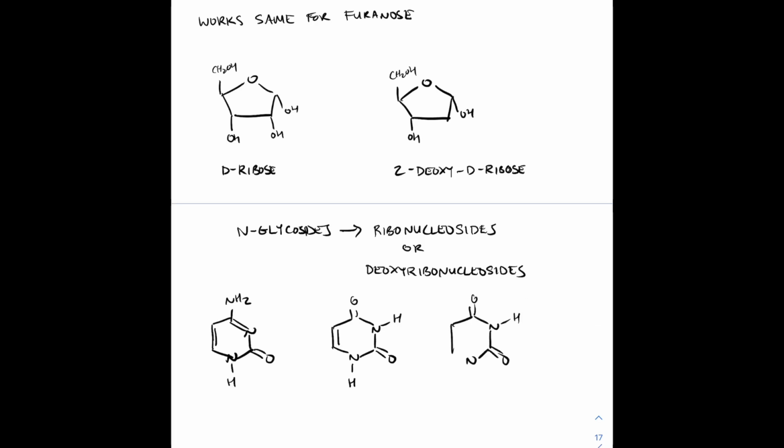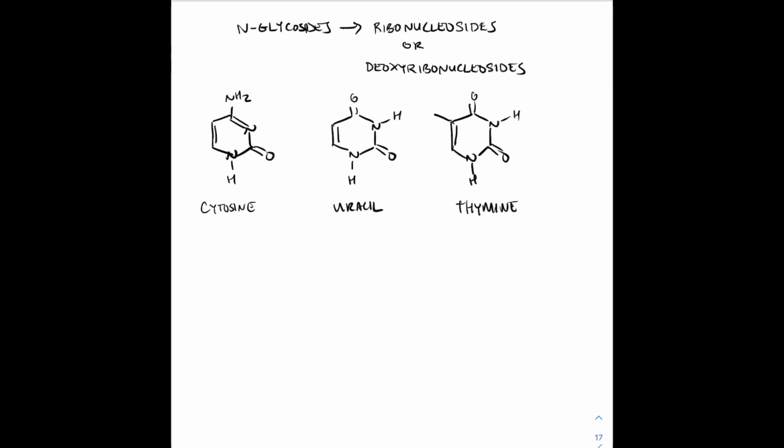So we've got these guys here, and with a 6-membered ring, we have cytosine on the left, uracil in the middle, and thymine on the right. Note, they're very similar structures, right? We also have a couple others that are going to be made with 2 fused rings together.